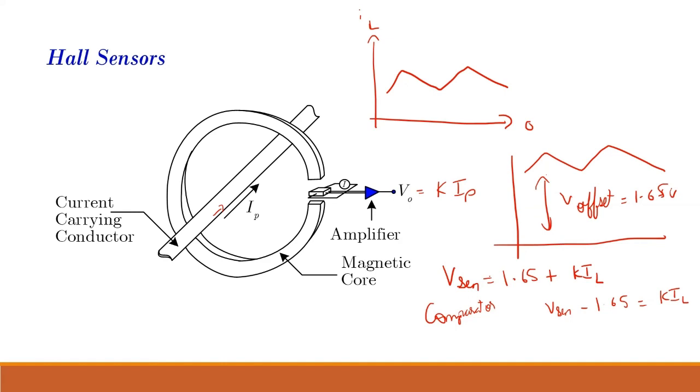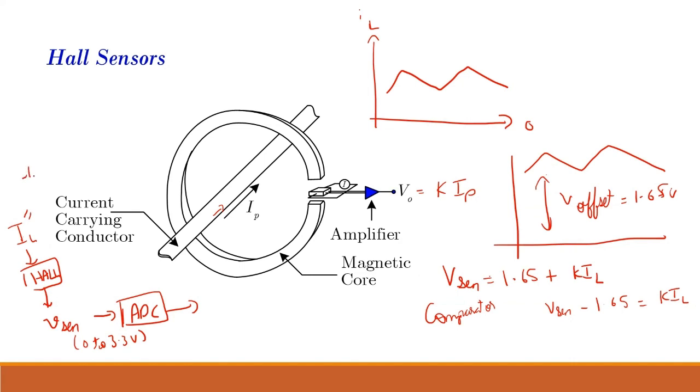The advantage of this is, if this V sense is going to the ADC, it will lie between 0 to 3.3 volt. I have an inductor current over here and a Hall current sensor over here, and that is generating my V sense. If my inductor current is around minus 40 ampere, it is generating 0.